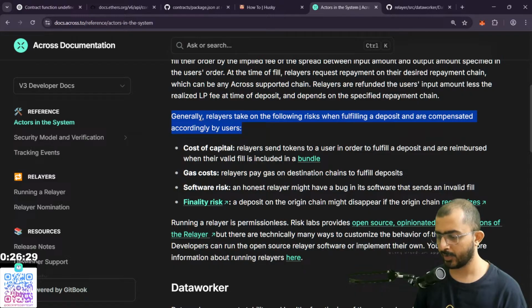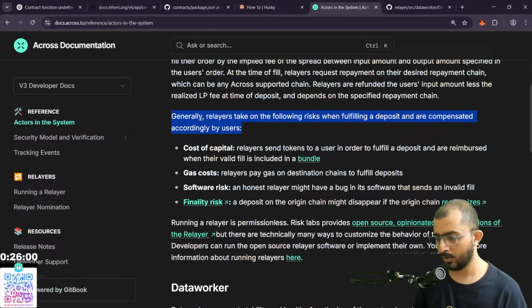Gas cost: relayers pay gas on the destination chain to fulfill deposits. Software risk: an honest relayer might have a bug in its software that sends an invalid fill. Okay, that's a risk. Finality risk: a deposit on the origin chain might disappear if the origin chain reorganizes.